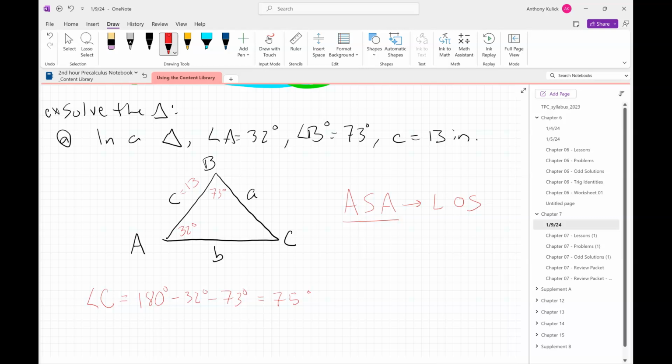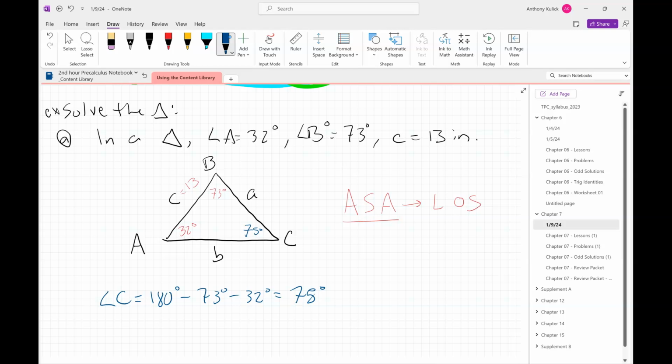So that's 75 degrees. Add that there. I'm actually going to go back and do some color coding here. So far, so good.